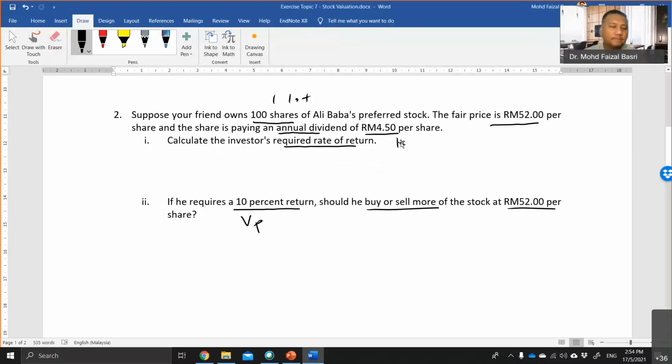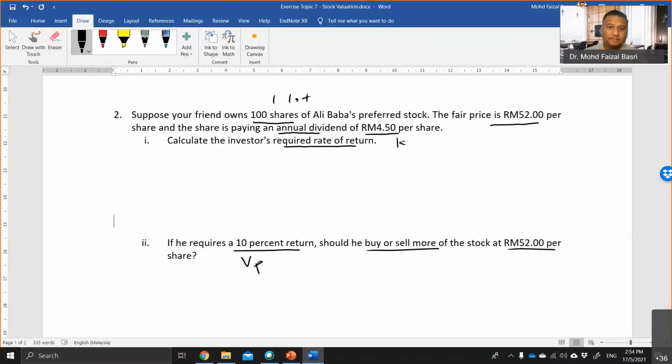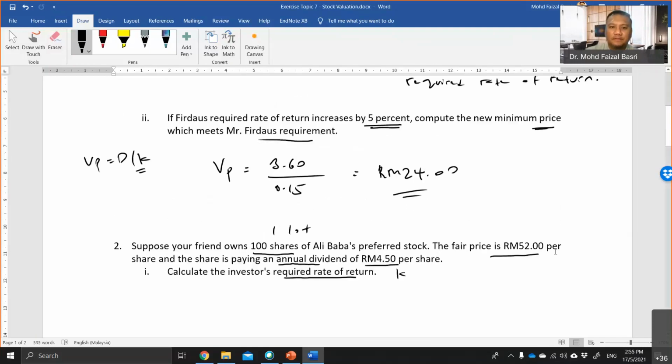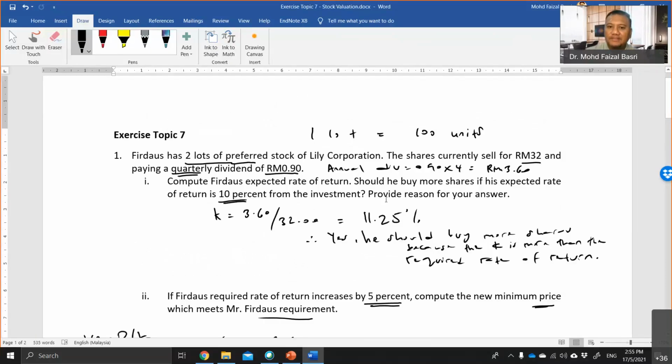Okay, so similar to the previous question, it's very much similar. Perhaps the difference is that in the earlier one, they ask us to justify whether to purchase more or not based on the rate of return.